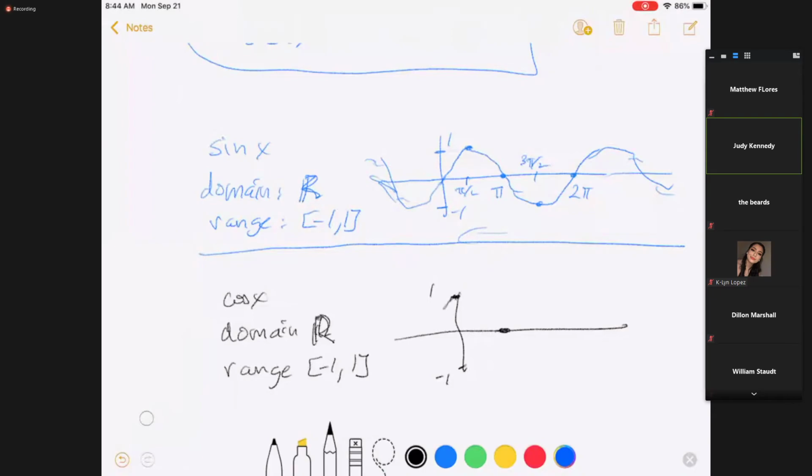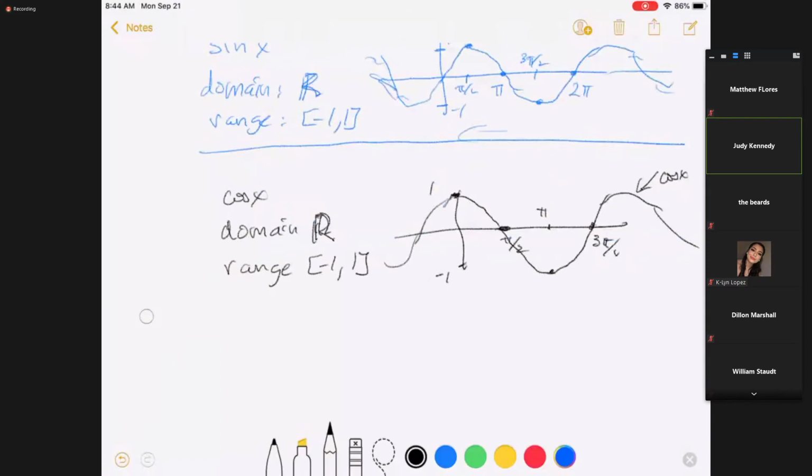And then it comes through 0 at pi over 2, and -1 at pi, back through 0 at 3 pi over 2. And keeps going and keeps going. Okay, that's a sine graph, cosine graph. And those are the only two whose domain is all the reals.